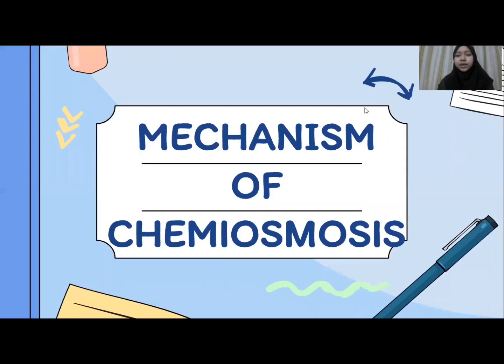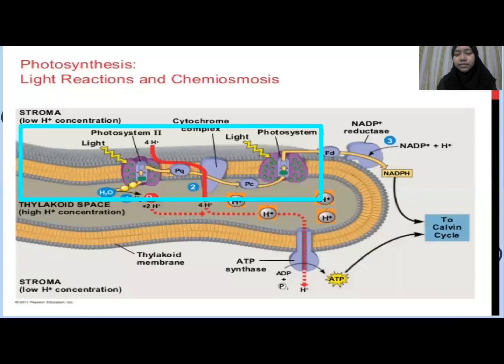Okay, so I'm going to proceed to the mechanism of chemiosmosis. Firstly, when the light energy is captured by photosystem II, the electrons within photosystem II get excited and cause the water molecules to undergo photolysis.